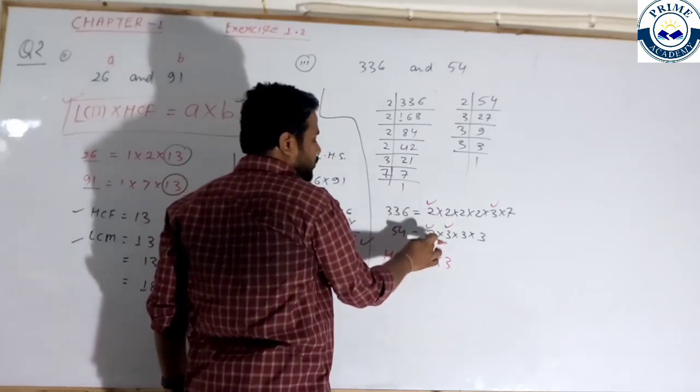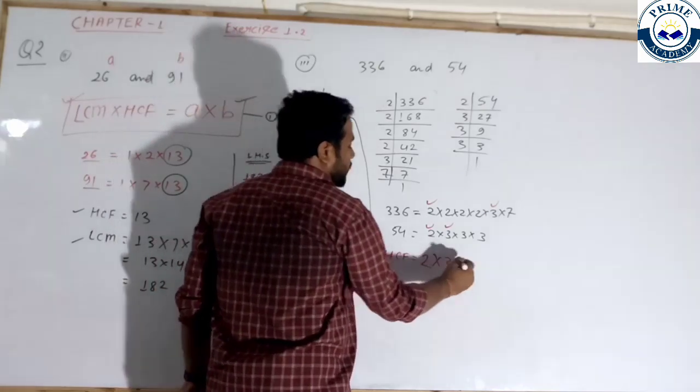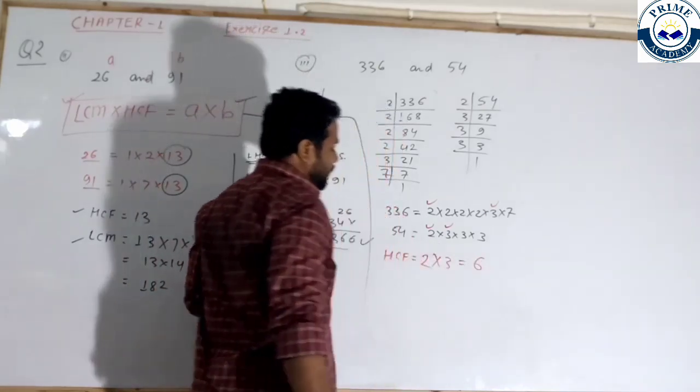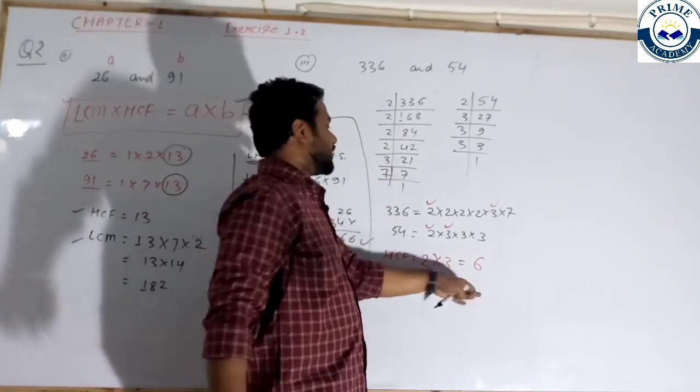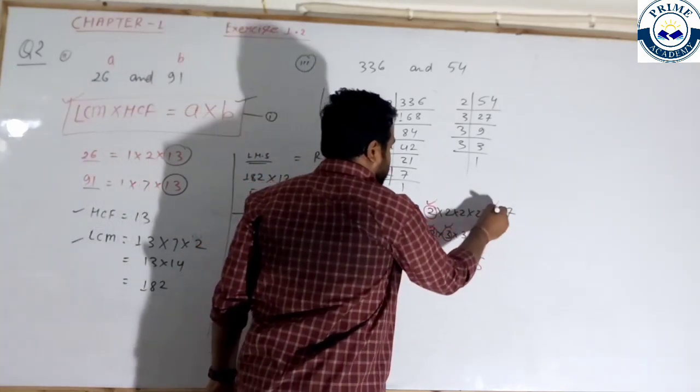Only 2 is common in both the things and 3 is common in both the things. Whatever is common, you just multiply it, you get the value. So HCF will be 6, right? So leave these 2, these 3, these 3.